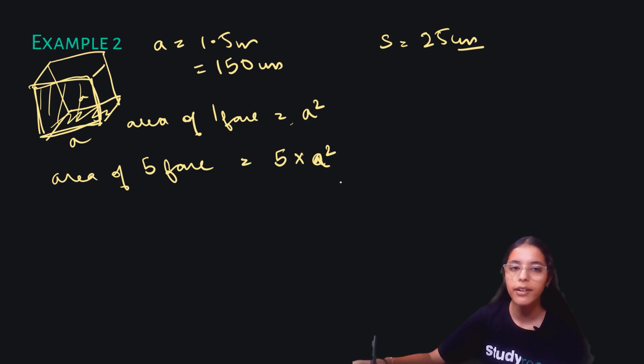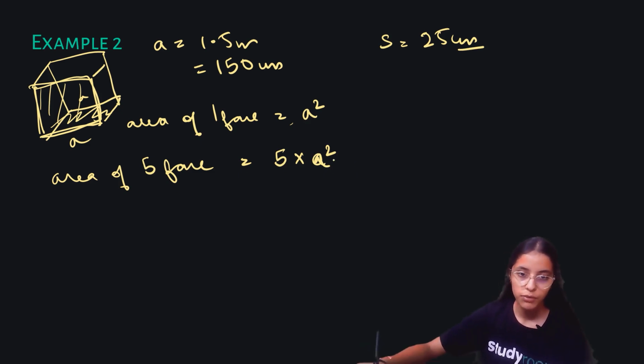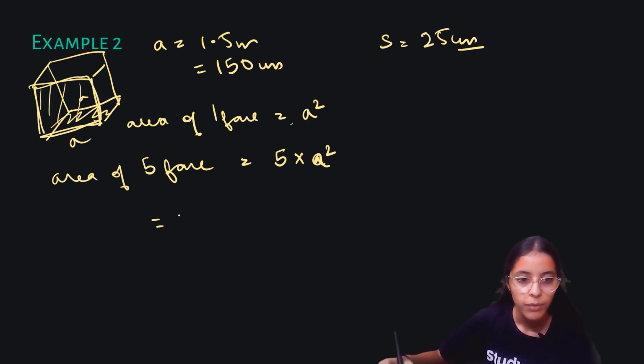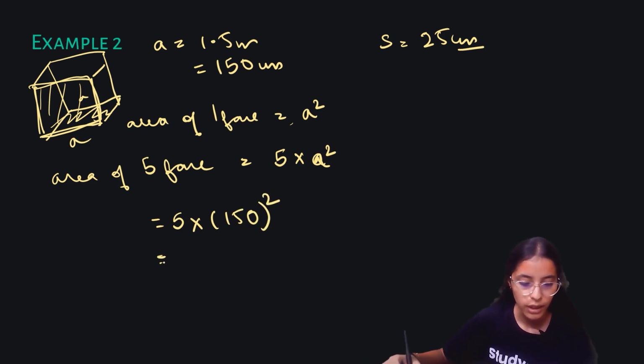You have already learned all these things. Since one face is a square, 5 faces would be 5a square. So now we have 5 into 150 square. Let us not calculate it.